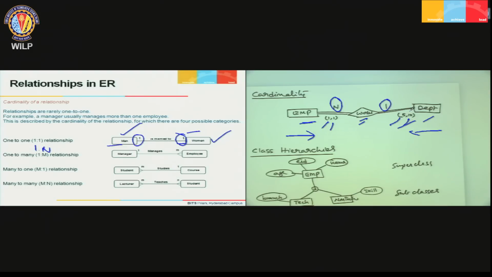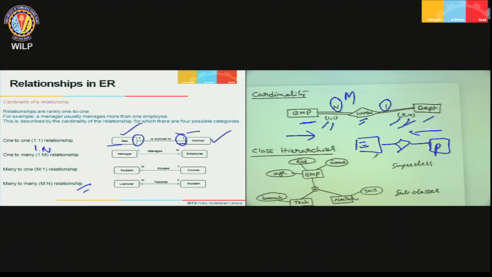And sometimes it could be 1:m also. For example, it is 1:n or 1:m. I can write it as m also, there is no problem. And sometimes it could be 1 to many. Suppose let us have an example of employee and project, with the relationship works on.